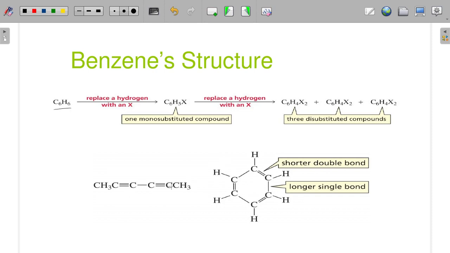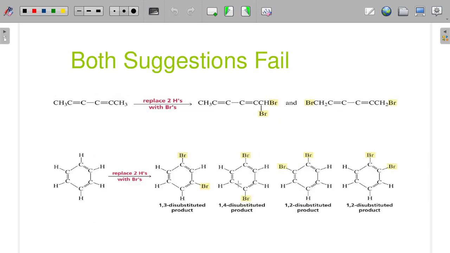Well, both of these kind of fall apart when we do that. If I were to take the one with the 2 triple bonds, replacing 2 hydrogens with bromines, I could put both of them on one side or one on either side. So there's only 2 possibilities. So there's no way that is benzene.